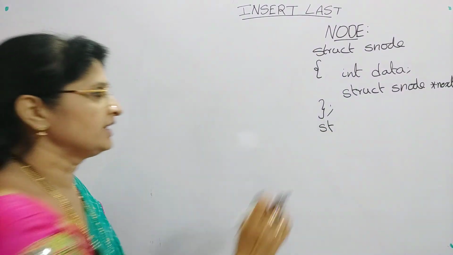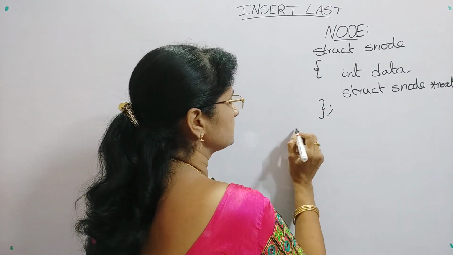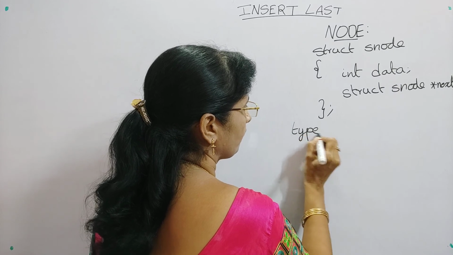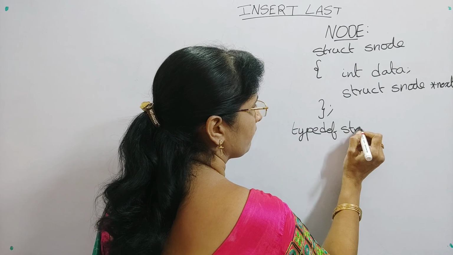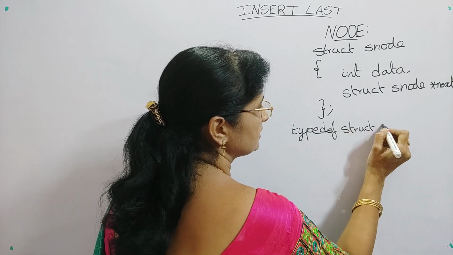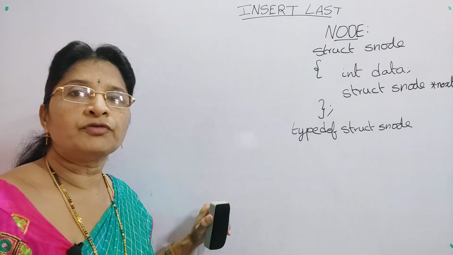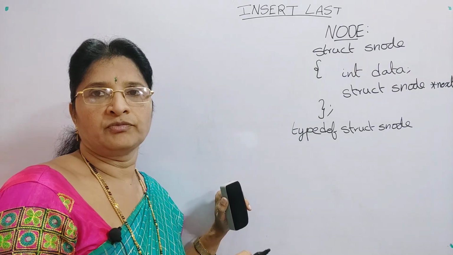So how can you give a new name for your user defined data type? You can give it as typedef. struct S node is the user defined data type. For this user defined data type, now I want to give a new name, which is a pointer.